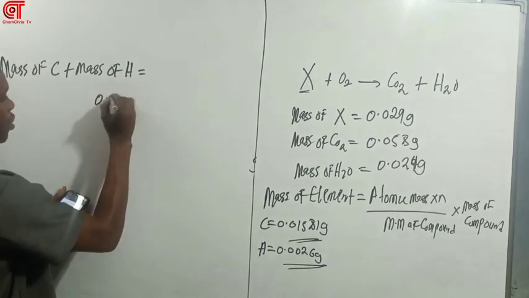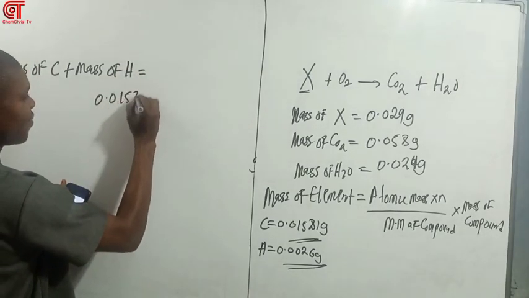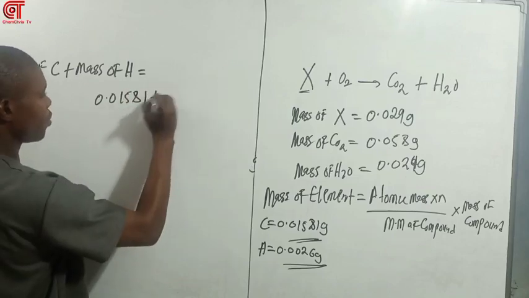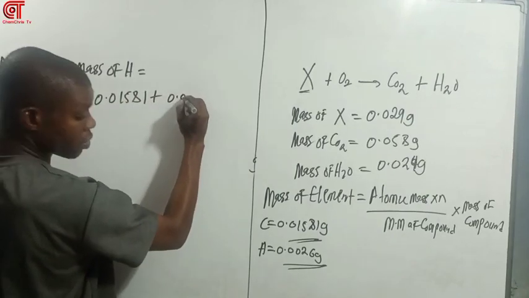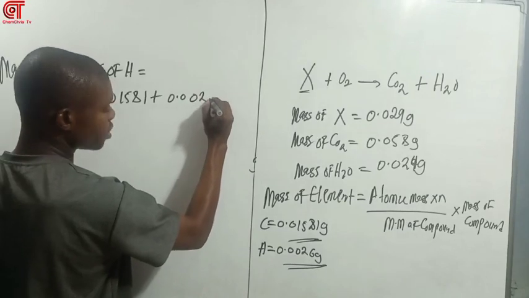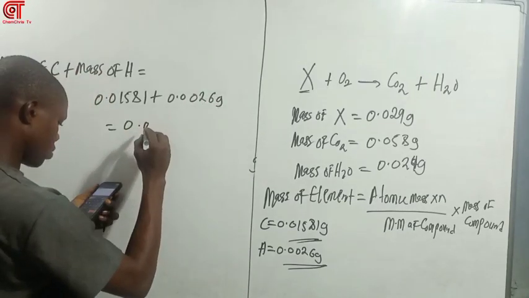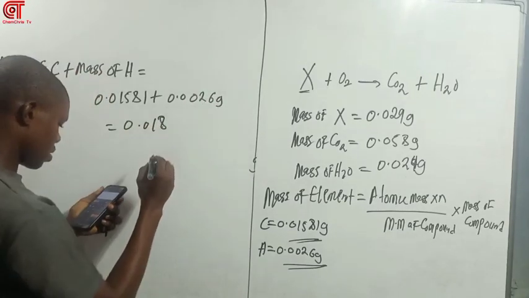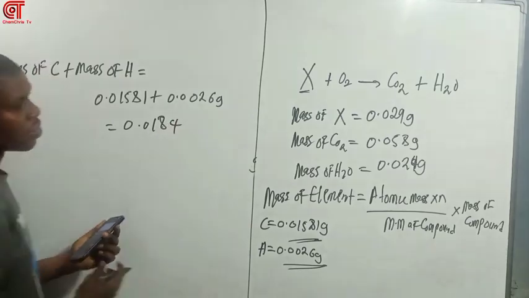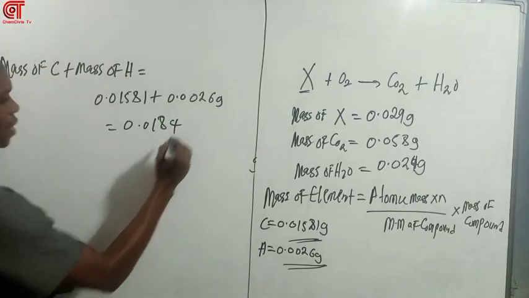Here we have 0.0158 plus 0.0026 gram, which is 0.0184 gram.